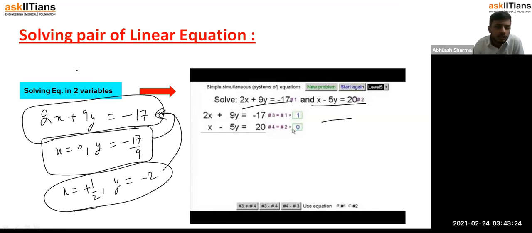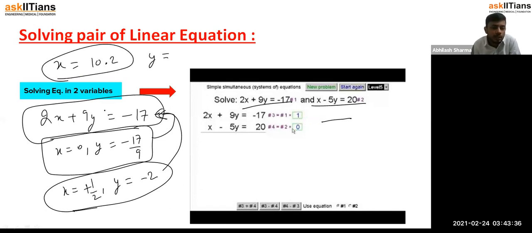Similarly, you can take any random value of x that you wish. Let's say you want to take 10.2, no problem. Then y will come out to be minus 17 minus twice of 10.2, which is 20.4, divided by 9. Whatever this value comes out, that value of y you can take. So obviously they will satisfy this equation.